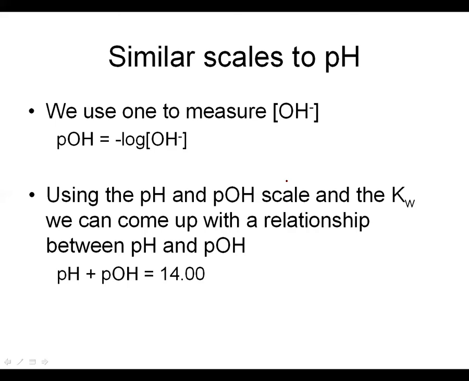And again, that important relationship that the pH plus the pOH equals 14 allows you to do some calculations relatively on the quicker side based on the information that's given to you. So again, these are our important equations here so far.